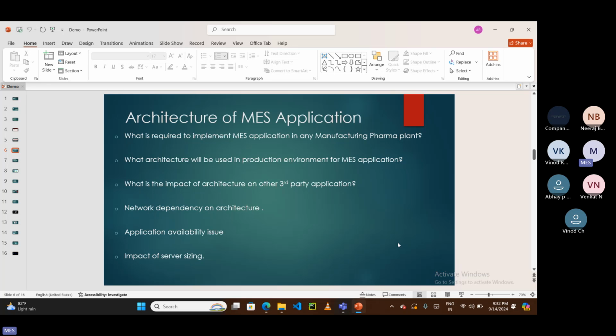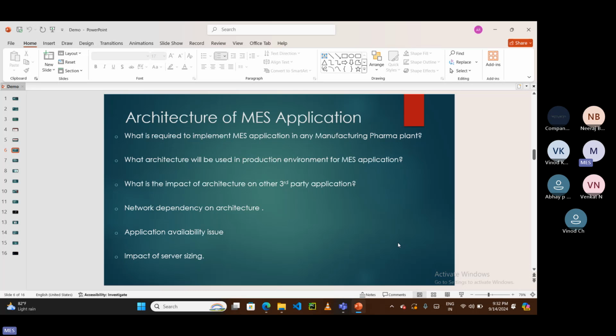On the basis of that only, we should understand the future point of view also, because day to day, or after 6 months or after 1 year, you won't upgrade the servers, you won't change the servers. So it's not a very simple thing.